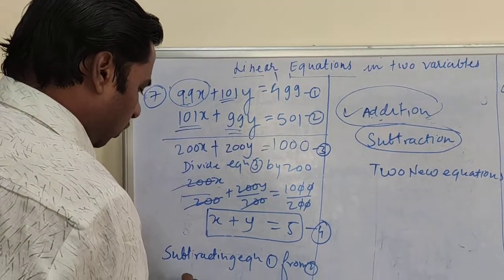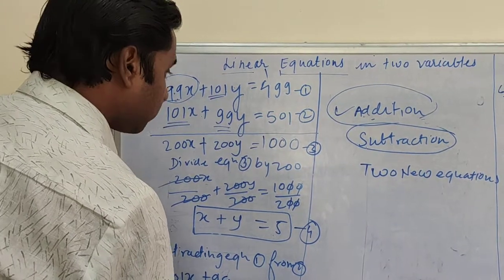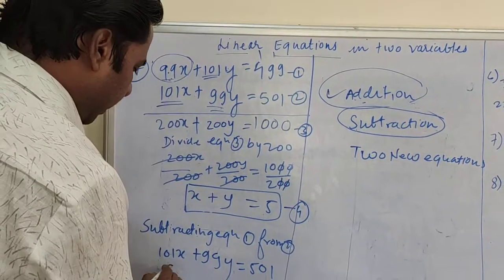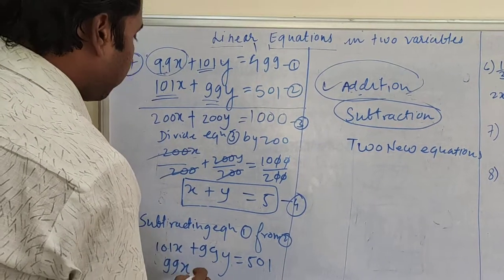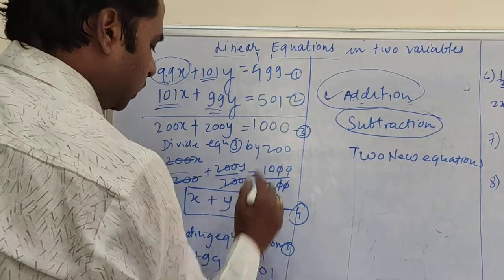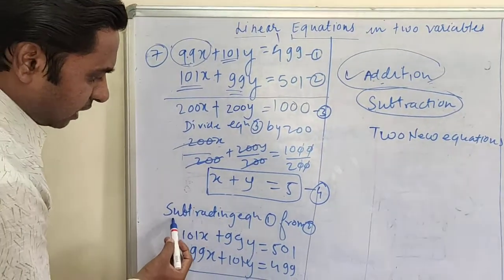So 101x plus 99y equals 501. And this 99x plus 101y equals 499. Check here what I have written.